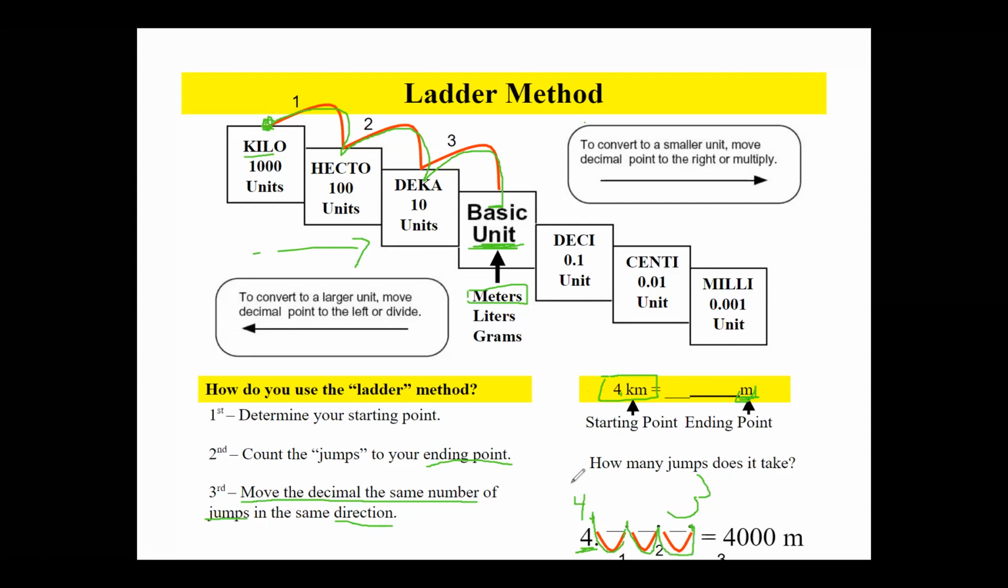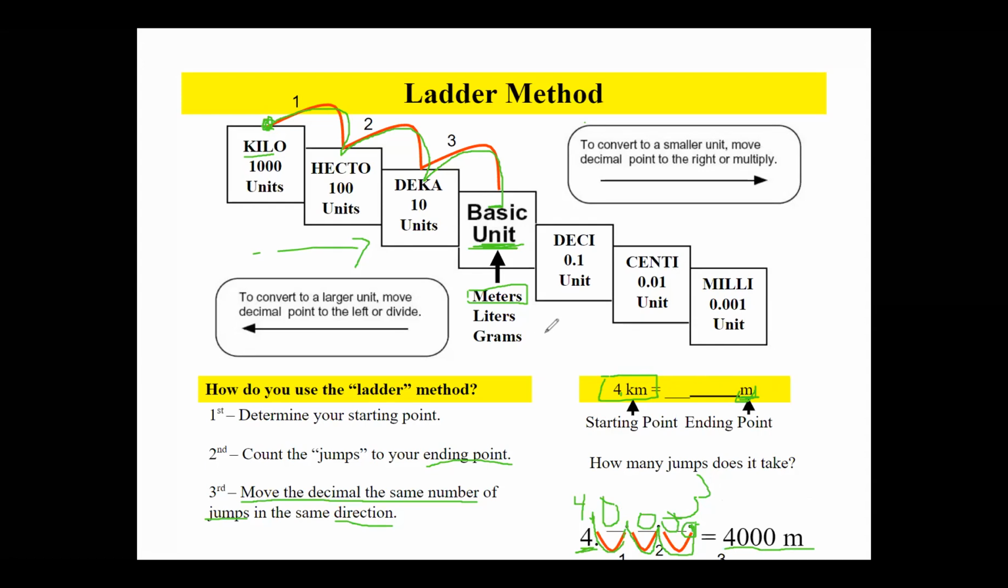Now we have the 4 over here, the decimal over here, and we fill in the empty spaces with zeros. So in 4 kilometers, we have 4,000 meters. 4 kilometers is the same as 4,000 meters.